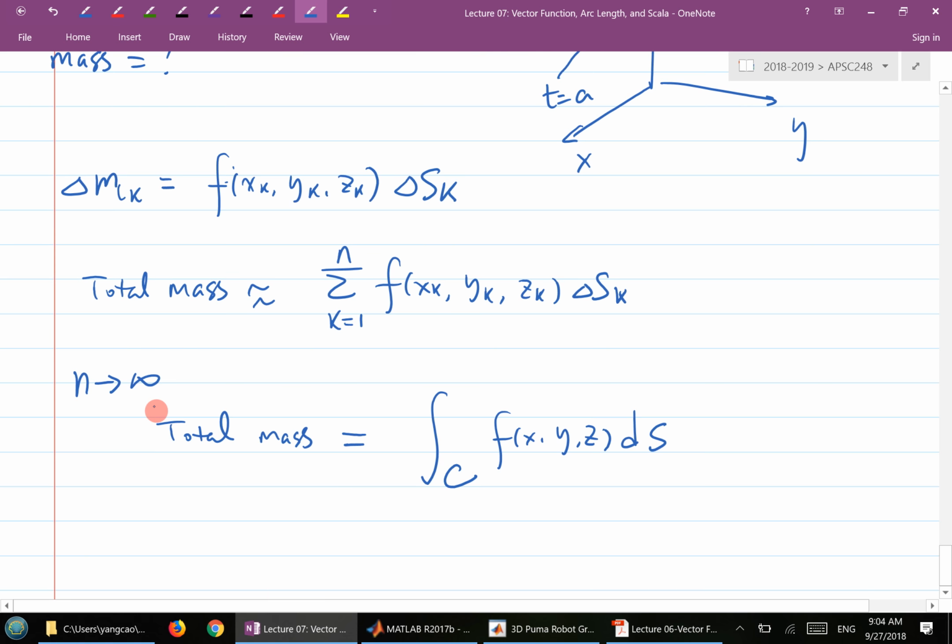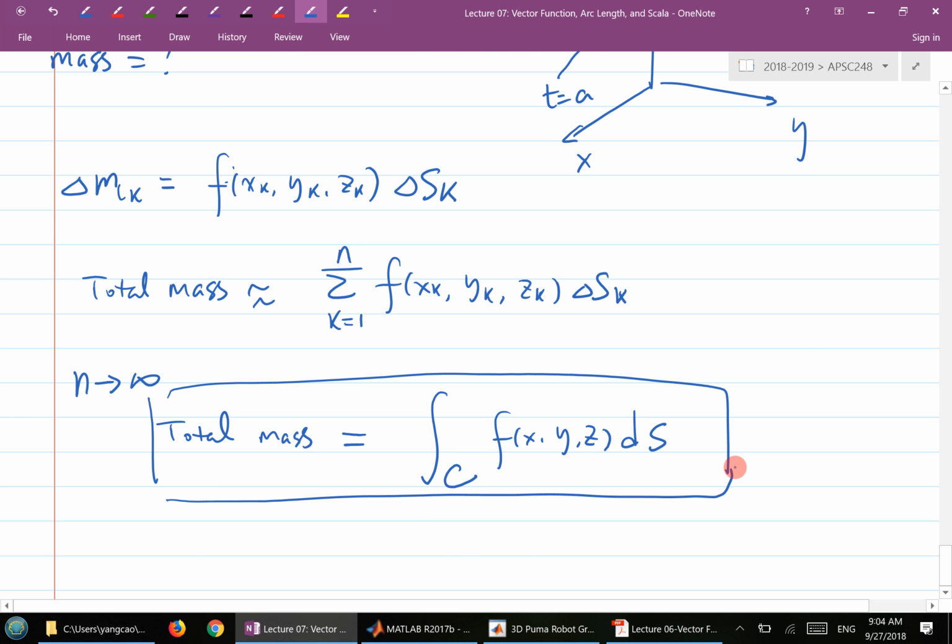Now this is basically the formula of a so-called scalar line integral. Let me repeat the meaning of the integral right here. You're integrating this function f over the curve C. As simple as that.